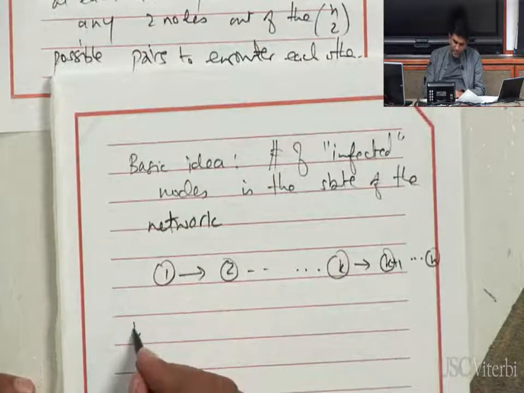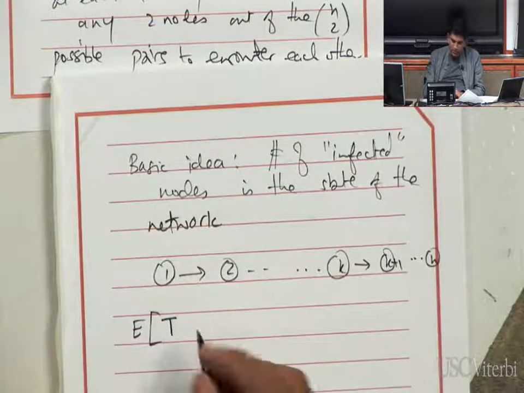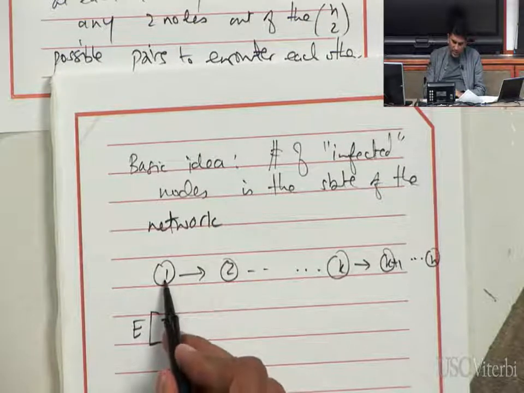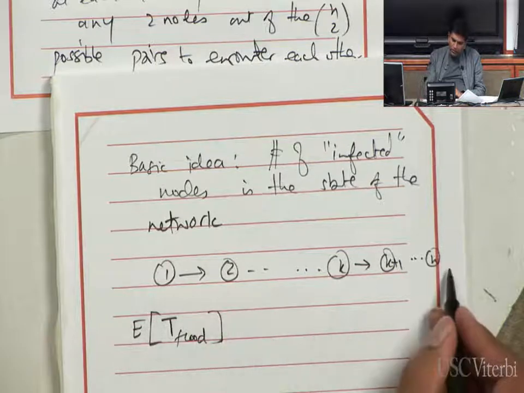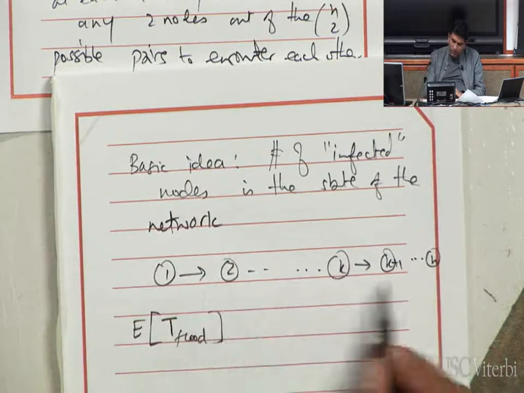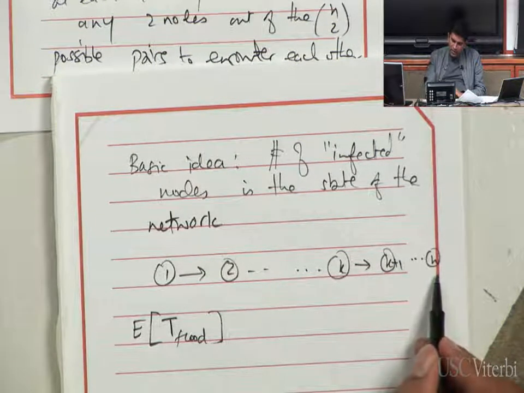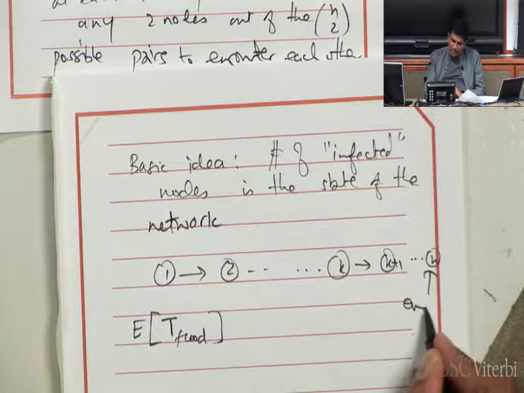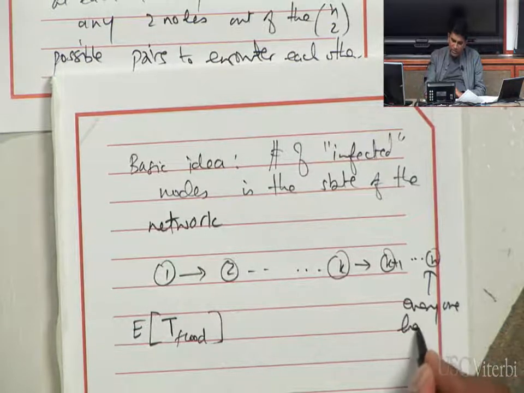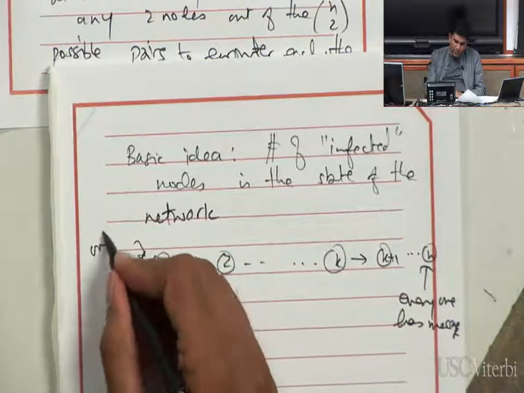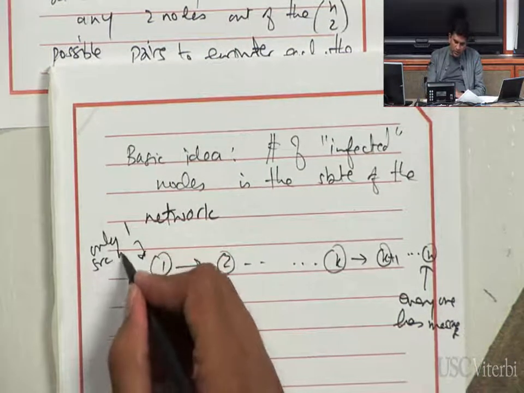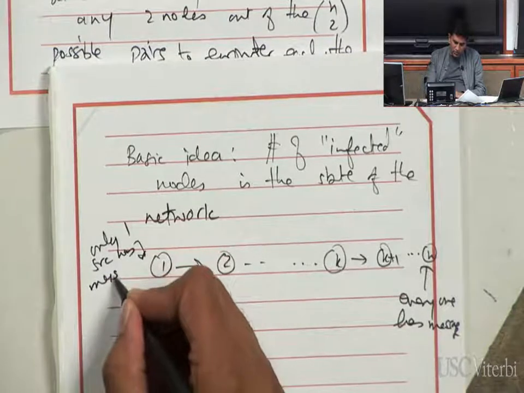We said that the expected time to flood, which really is the time it will take you to go from the node marked 1 to the node marked n, where n is the state where everyone has the message, and 1 is the state where only one source has the message.